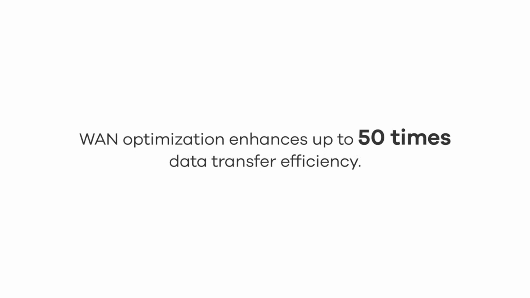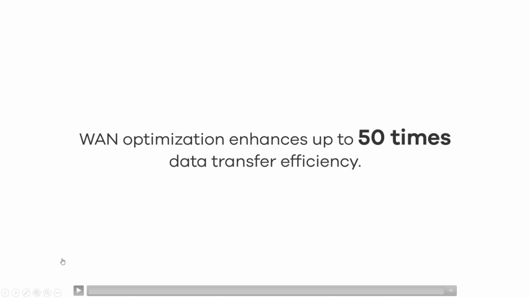Okay, so then we will watch a short video on throughput testing with iPerf through one line with WAN optimization enabled and one line with WAN optimization disabled. So I will shut up for a while and let you guys enjoy the video.